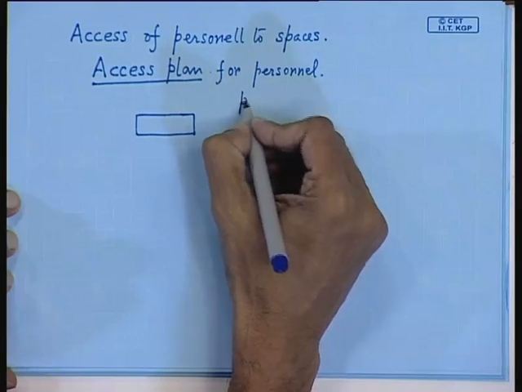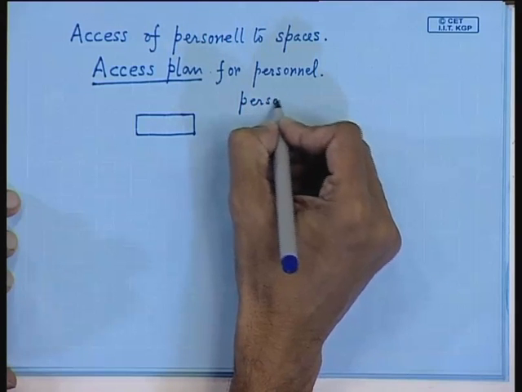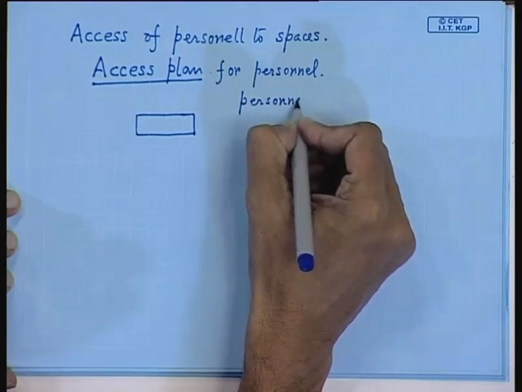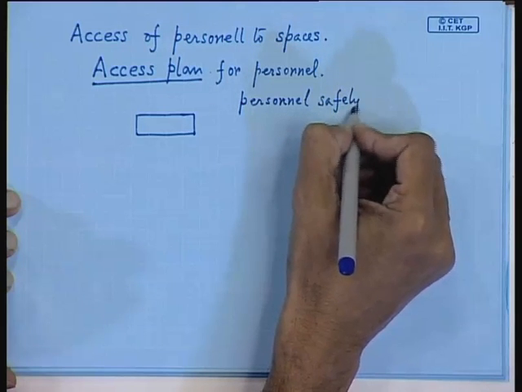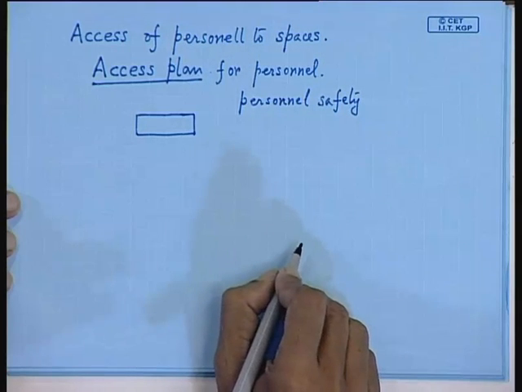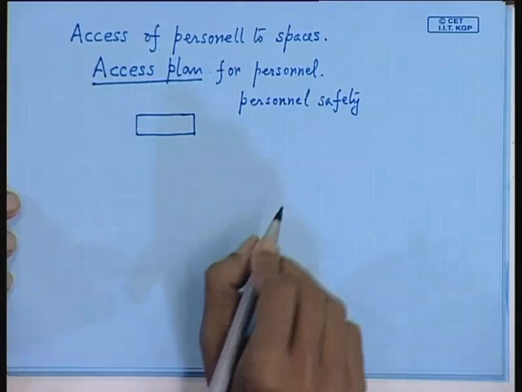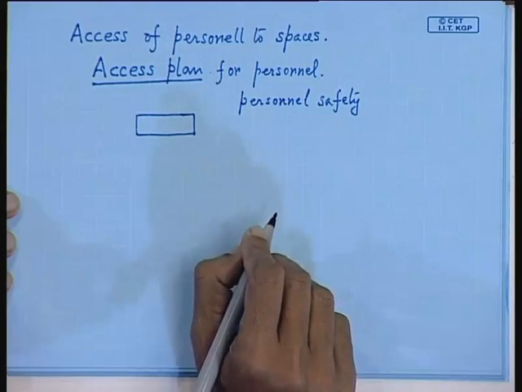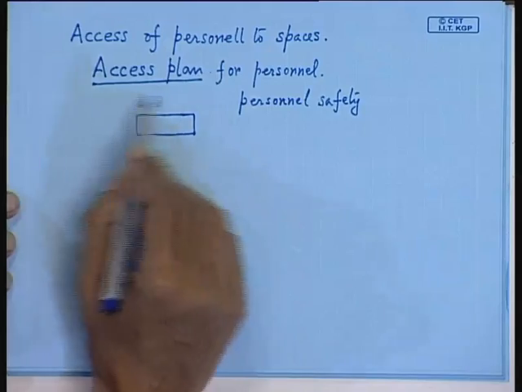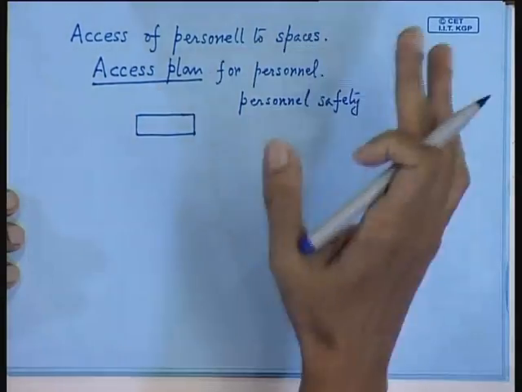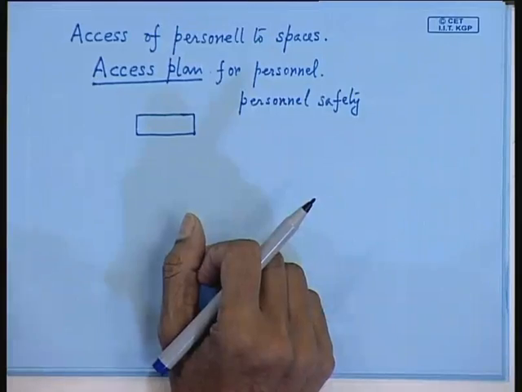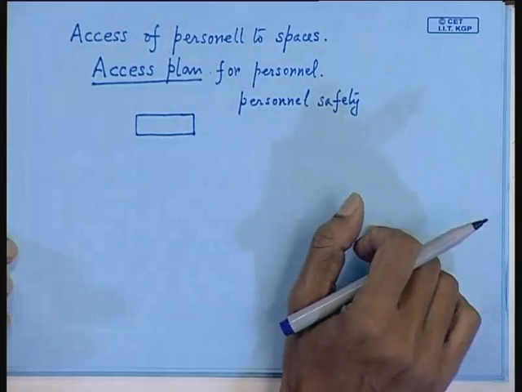This is your primary consideration: personal safety, access to all these spaces that you have to provide. And remember one thing, as soon as you provide an access plan, you are also providing a path for the spread of fire. So, you have to strike a compromise between these things.